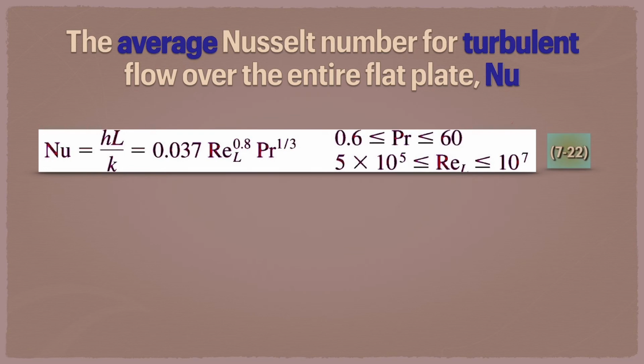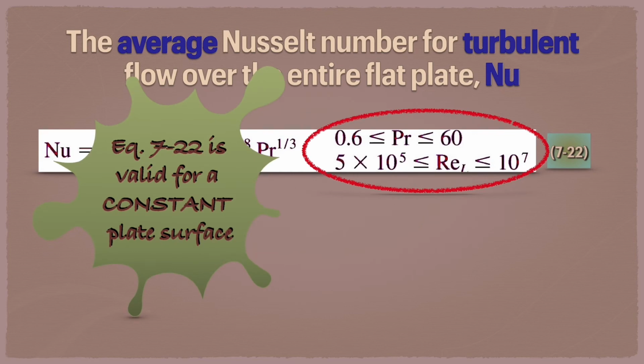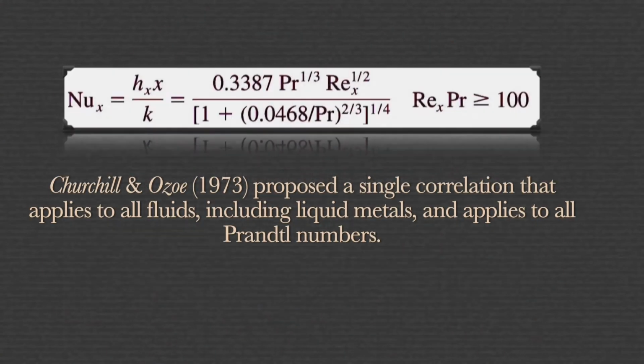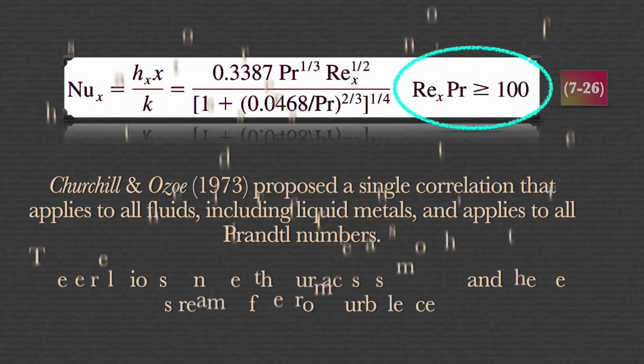It is desirable to have a single correlation that applies to all fluids, including liquid metals. By curve-fitting existing data, Churchill and Ozoe proposed the following relation. These relations have been obtained for the case of isothermal surfaces.